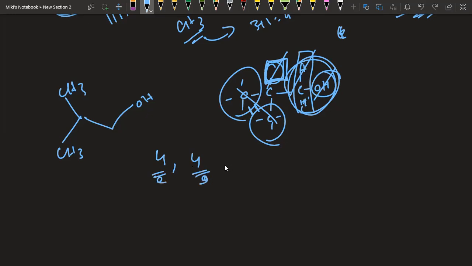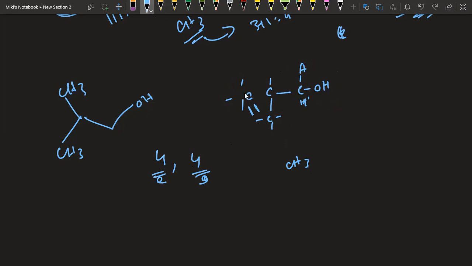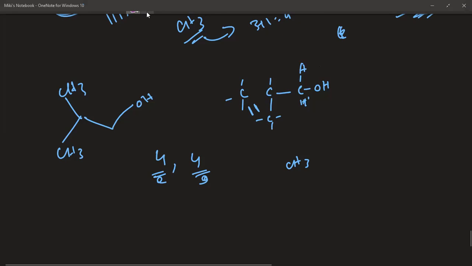Okay. Now let's see what each of the groups will represent. For the CH3 group, the adjacent carbon has how many hydrogens?